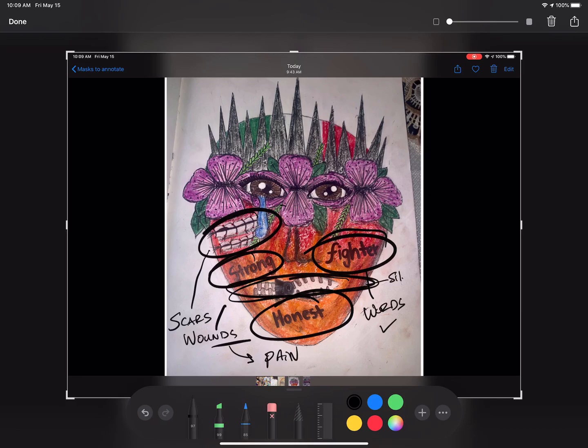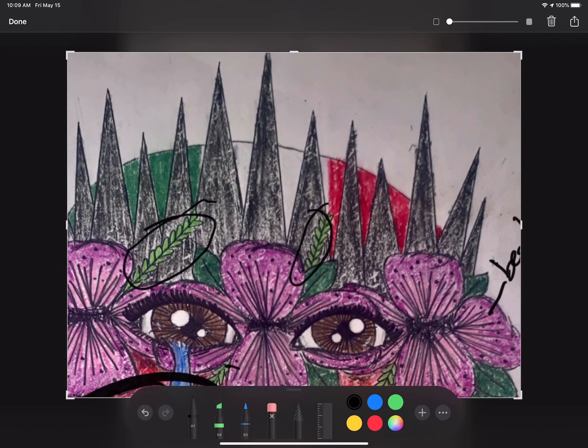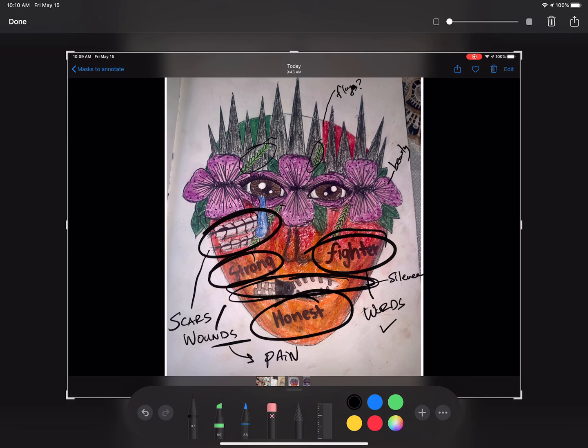Zipper representing silence, right? The flowers can represent beauty. I would love to know what these represent right here. Obviously, there's something here, and she'll talk about it in her promise. I love these colors. I think this is a flag, maybe representing culture. And then obviously we have a lot going on with these spikes, leaves. So there are a lot of beautiful metaphors.